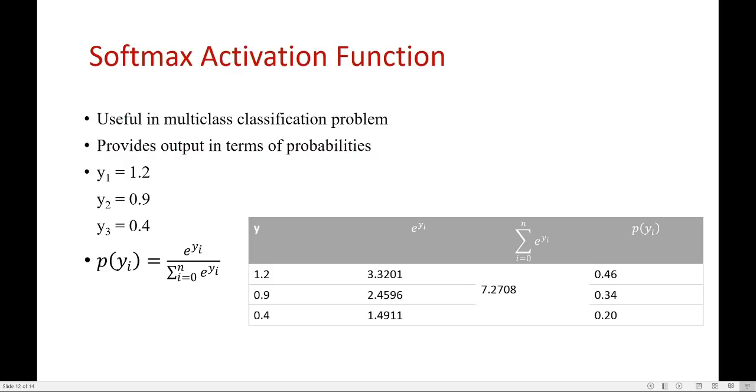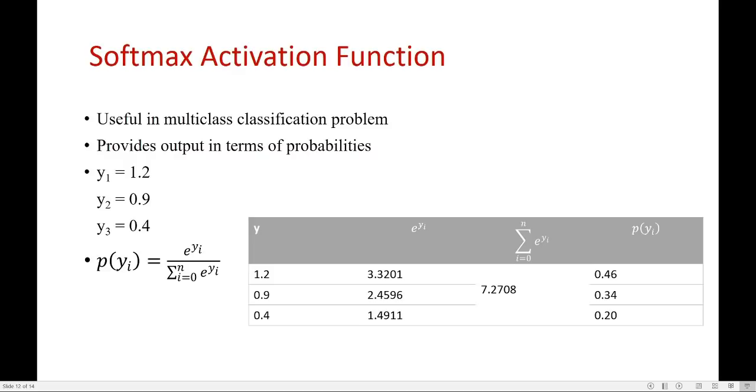But what if multiple classes are present, meaning we want to identify whether the given animal is a cat, dog or horse? In such cases, the softmax activation function plays an important role. It provides output in terms of probabilities.